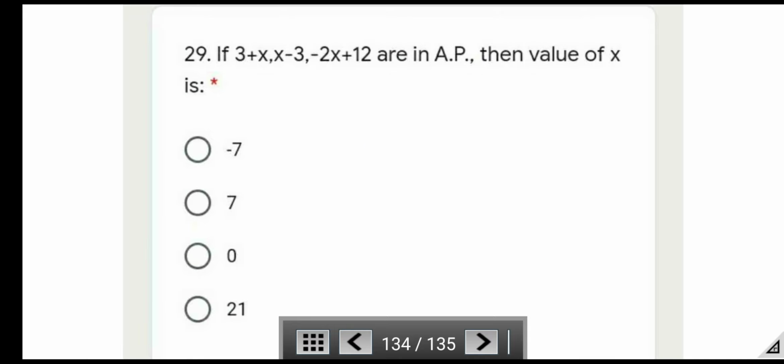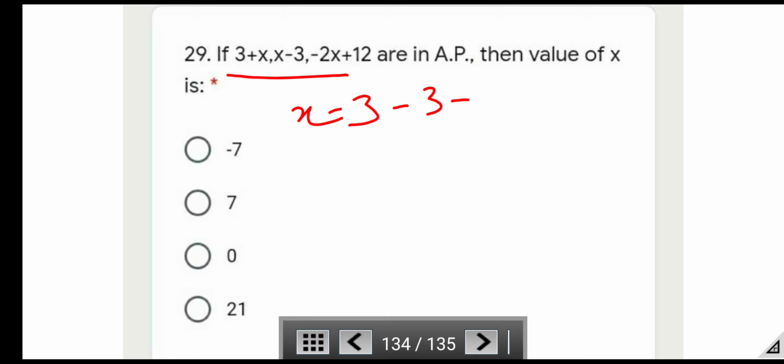Next question, if 3 plus x, x minus 3 and minus 2x plus 12 are in AP, then the value of x is. Because these 3 terms are in AP, the difference of 2 consecutive terms is the same.